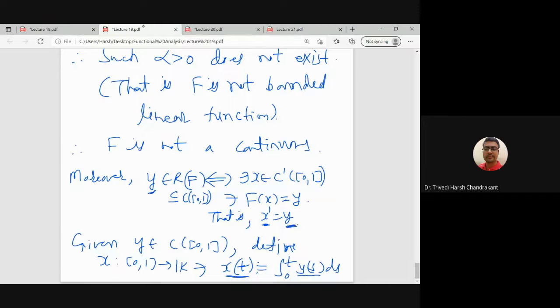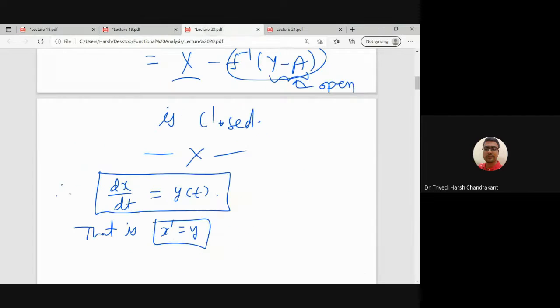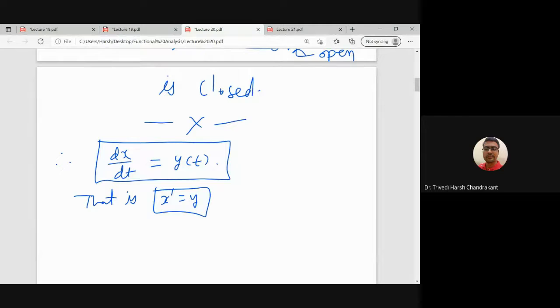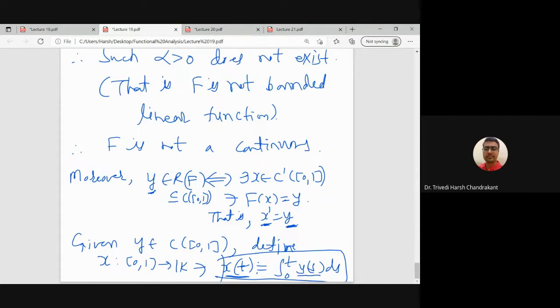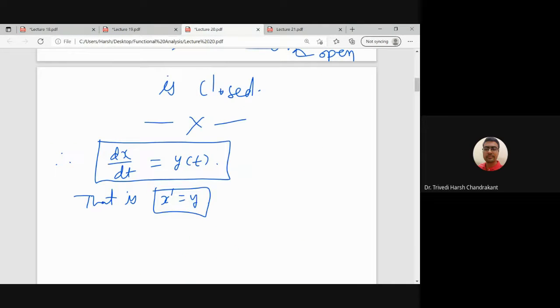So if y is given, what is x? So that x dash is y. So x is this function. Okay, so what we have just proved is that this function capital F is always an onto function, right? So therefore F is an onto function.